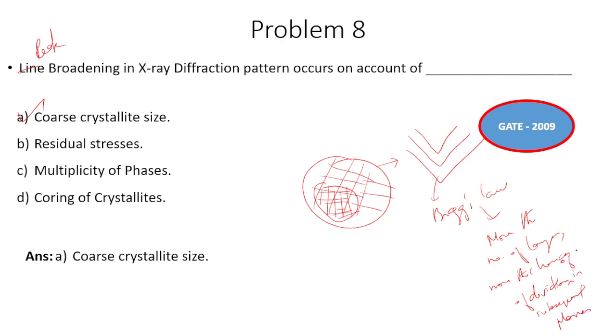So that will cause the broadening of the peak. So you got it right? Yes. So the answer is coarse crystallite size.